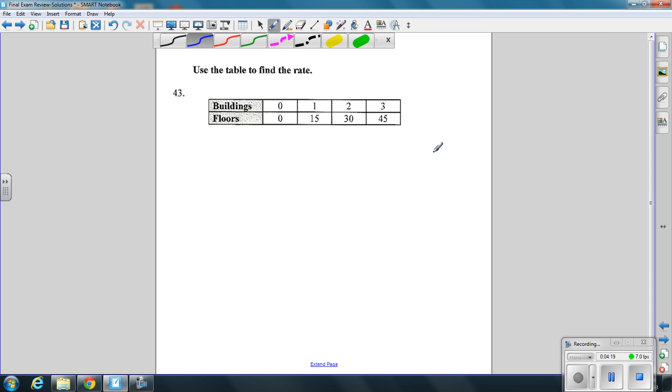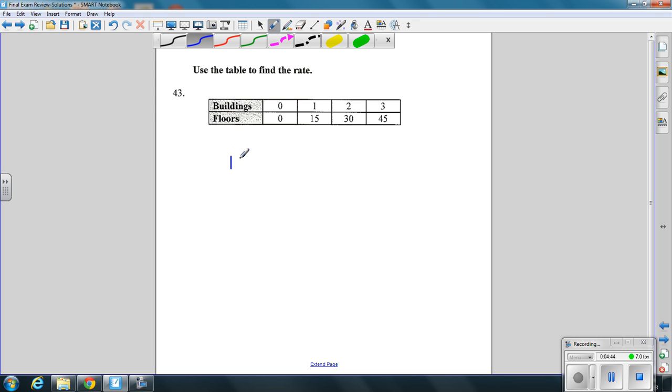43 asks us to find the unit rate. Well, we actually don't need to do much math, because if we look here, there are 0 floors to 0 buildings. There are 15 floors to 1 building. There are 30 floors to 2 buildings. So we want to find the unit rate. How many floors per 1 building?